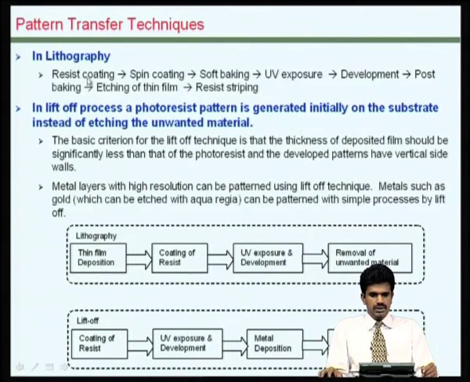In lithography, we deposit the thin film first, and on top of that we put the resist by spin coating, which is soft baked and exposed to a UV beam, developed, and after one more baking stage, so that the resist would stick to the surface well, one can etch the thin film, after which, if required, the resist can be stripped off.